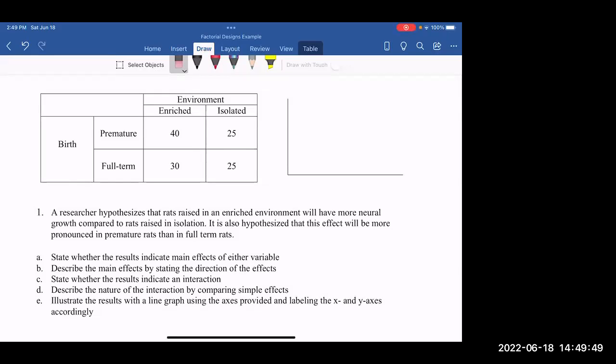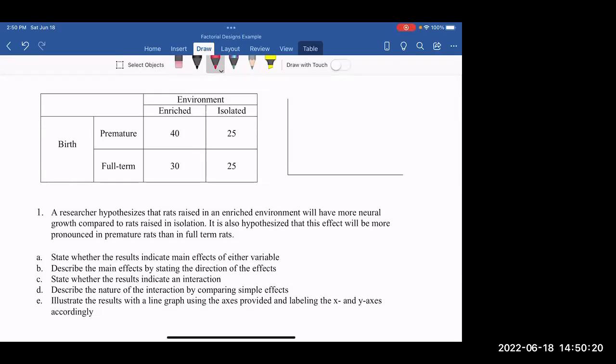To find our main effects, we're going to calculate what are known as marginal means. Marginal means are called marginal because they're placed in the margins of this table, right? So remember, we're collapsing across both levels of age to see if the overall mean of enriched differs from the overall mean of isolated.